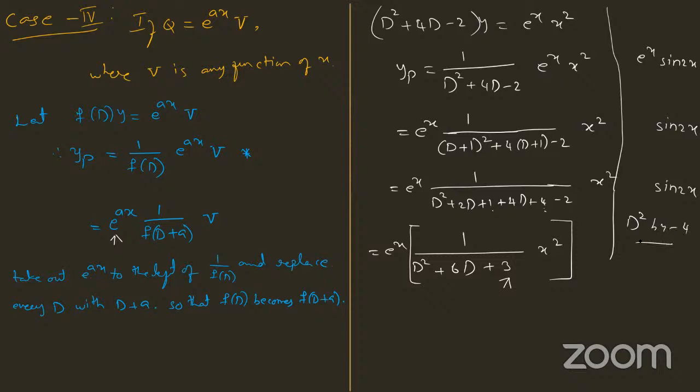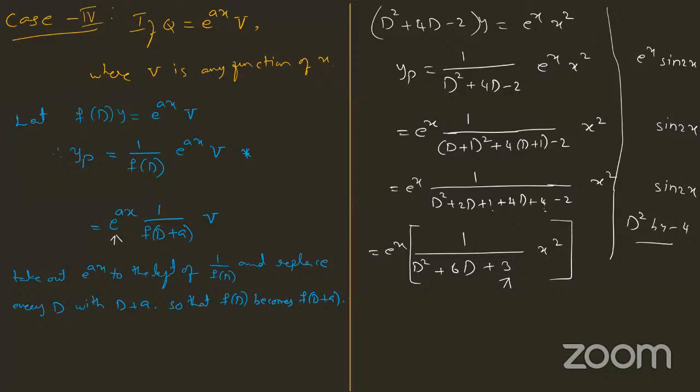Right? What happens, you see, when the right hand side is a product of two functions of this kind, we are simply reducing the problem into one of the earlier cases. Right? By sending e power ax to the left side of this 1 by f of D, you are reducing the problem into one of the previous cases, right?